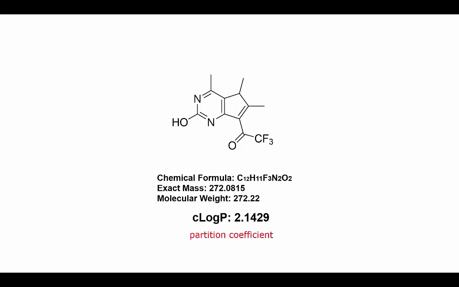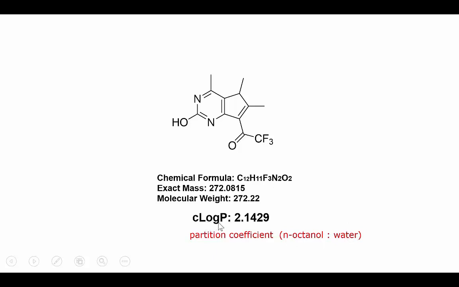Now you may ask about the parameter log P. What is log P? The P is the partition coefficient, and we just take the log value. This is the partition between two solvents, normal octanol and water. You mix one molecule in this two-phase system and measure the partition of octanol over water. If the log P value is 0, the distribution of the molecule in these two solvents is 1 to 1.